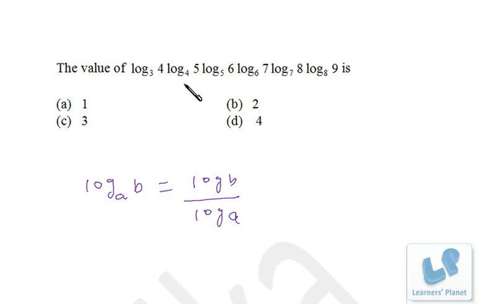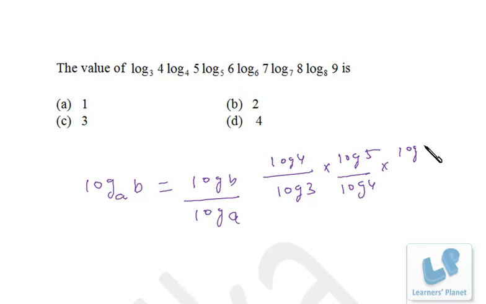The same funda I am going to use over here, alright? So that's log 4 by log 3 into log of 5 by log of 4 into log of 6 by log of 5 into log of 7 by log of 6.